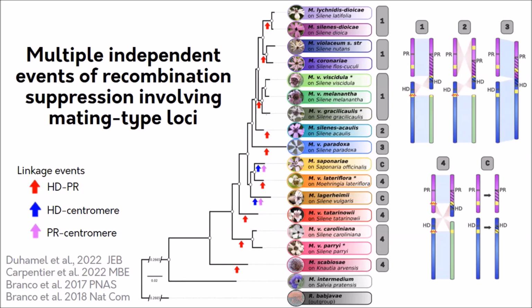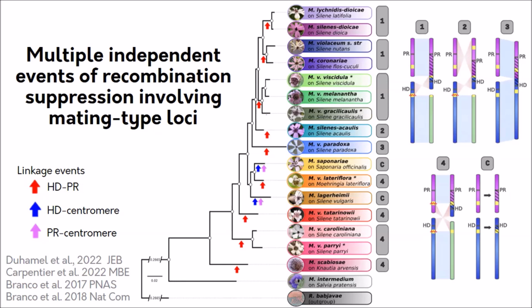In other species, you had the whole PR and HD chromosomes that became linked together. In other species, it's only one arm of the PR chromosome and one arm of the HD chromosome. So there have been several types of rearrangement showing independent events of rearrangement and linkage of the HD and PR loci.